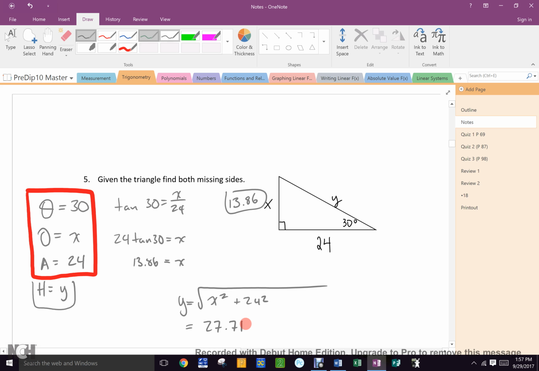Is everybody good? Did we ever measure anything? No. That is why trig is so powerful. It gives us distances and angles without ever actually measuring them. That is why we know how far away stars are.